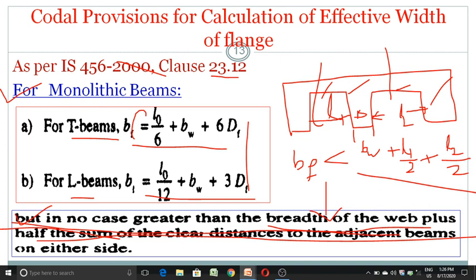That is the meaning of this point. I explained this when calculating the actual width of the beam, that is x1 plus x2, where x1 equals L1 by 2 and x2 equals L2 by 2. So this is how we calculate the effective flange width in monolithic beams.